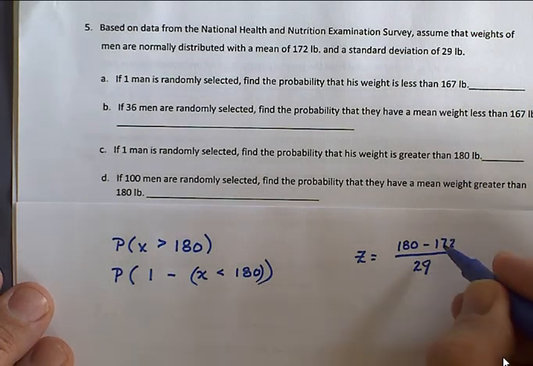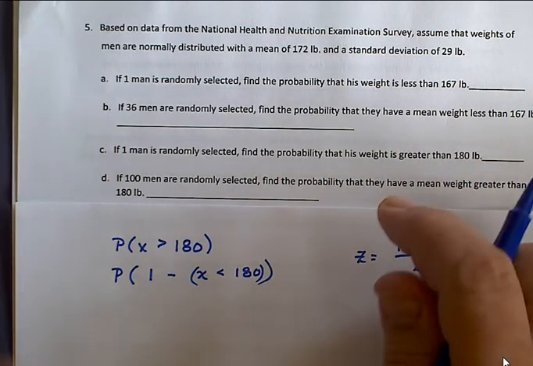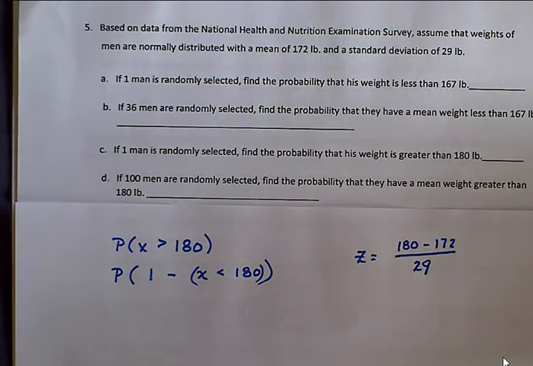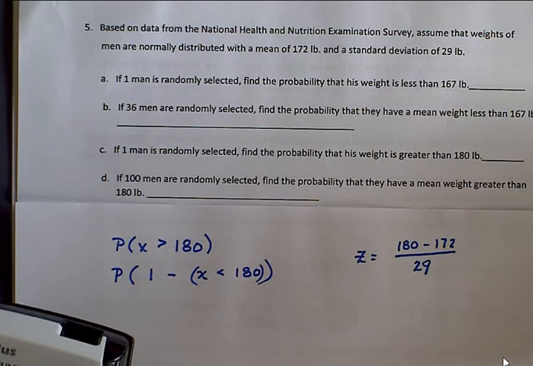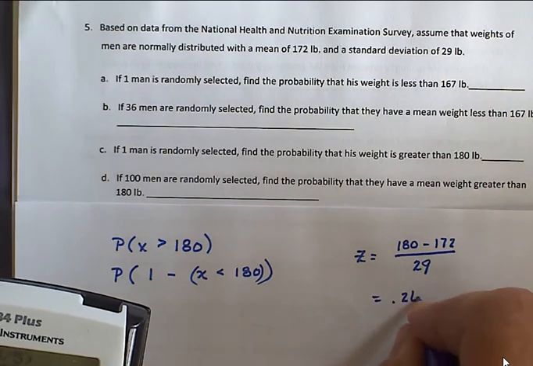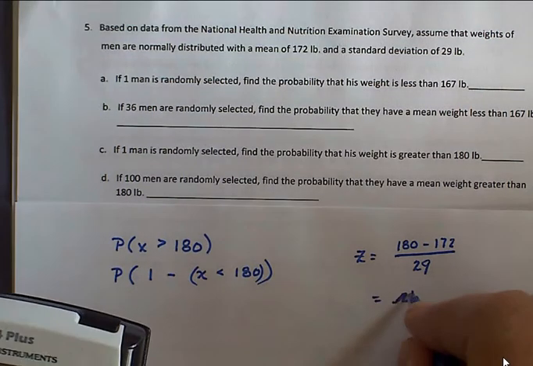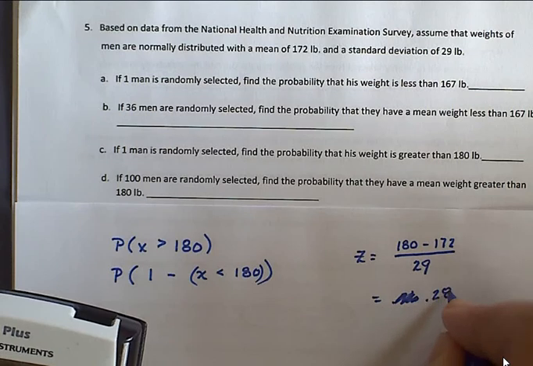But this is the X value that's originally given in each problem. So this becomes 8 divided by 29, or 0.28.